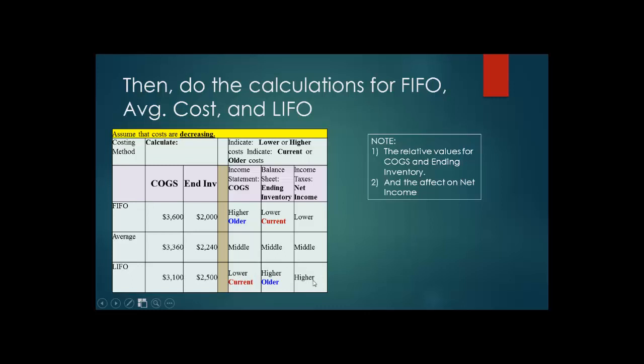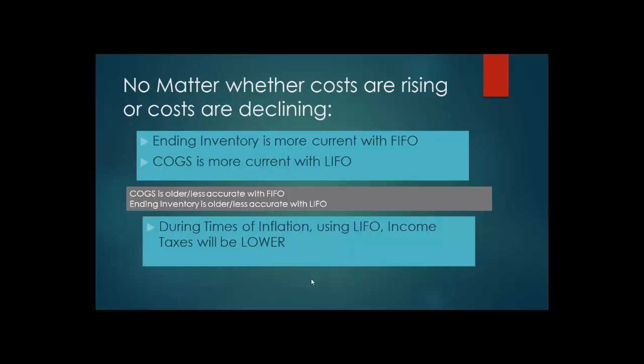It's all relative. No matter whether costs are rising or going down, ending inventory is more current with FIFO and cost of goods sold is more current with LIFO. In other words, when you look at the balance sheet and you see inventory, the cost in there is representative of replacement value.